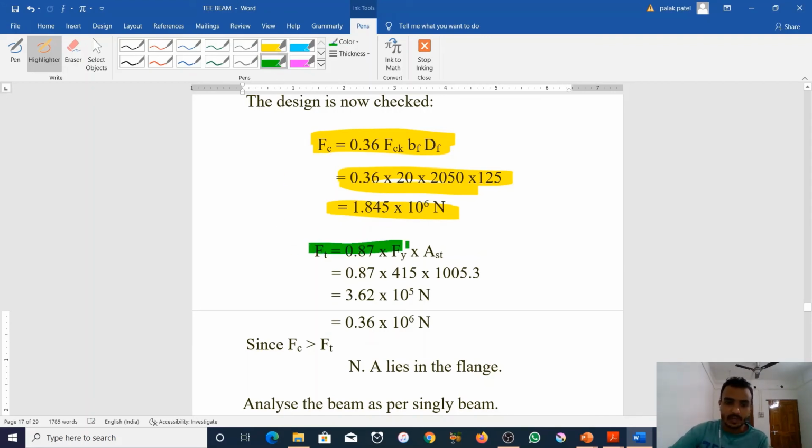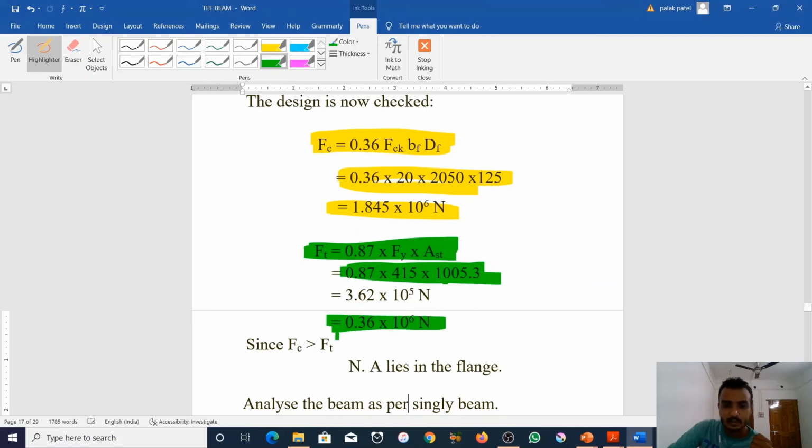Then after, find out Ft. Ft means force in tension: 0.87 Fy into Ast. 0.87 Fy is 415, and capital Ast which we provide is 1005.3. So the value is 0.36 into 10 raised to 6.